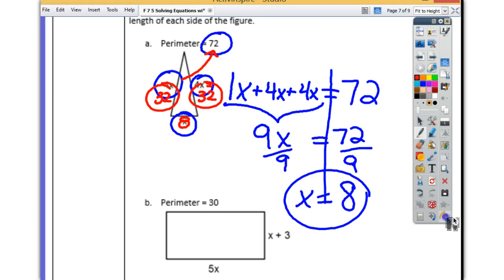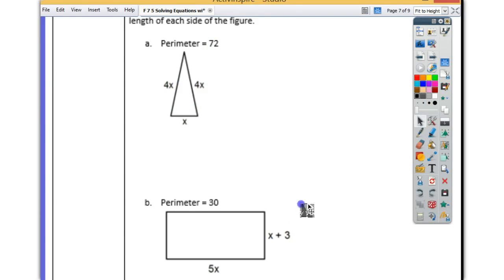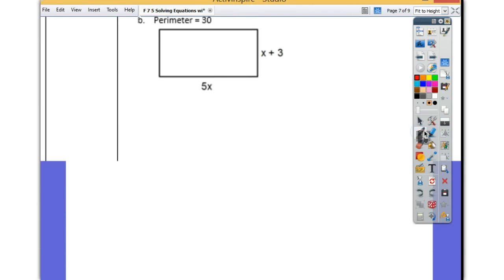Now on the rectangle, it's the same thing. There's 2 different ways. Some people like to go side plus side. If this is 5x, how long is this one? 5x. So I've got 5x, 5x, and I've got x plus 3, so that means this one's x plus 3. Add those all together, and it equals 30.